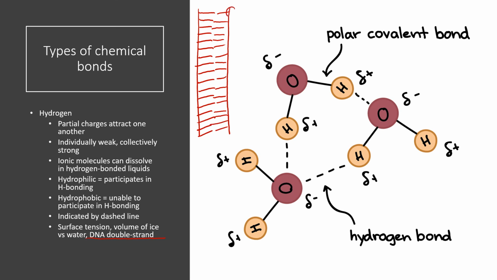The nucleotides are bonded to the backbone by covalent bonds. Those are extremely strong. You think of them as basically being unbreakable. But down the middle, these are all attracted to one another by hydrogen bonds, either 2 or 3, depending on what nucleotide we're talking about. Each one of these hydrogen bonds is pretty weak.